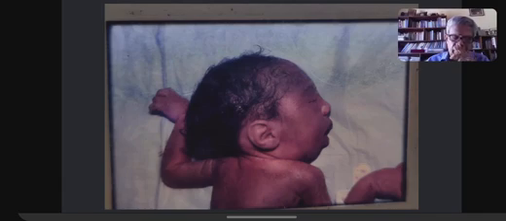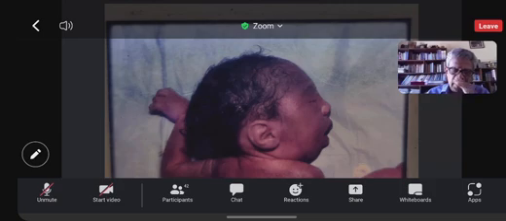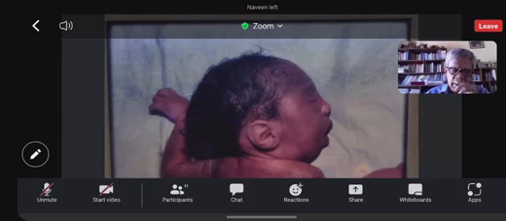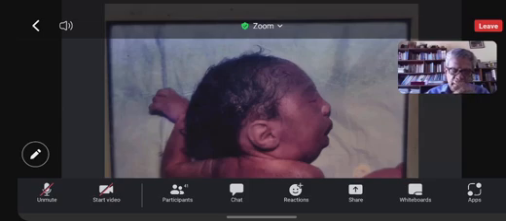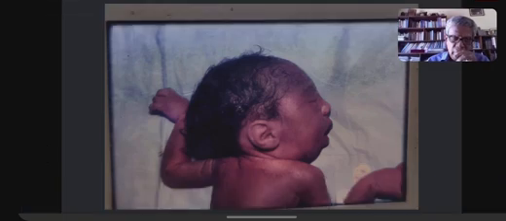polycystic disease of the kidney with hardly any functional tissue. This is in Saudi Arabia, where they are very strongly consanguineous. This is a strongly consanguineous marriage, not brother and sister, but very close, I think double cousins, something like that. Okay.